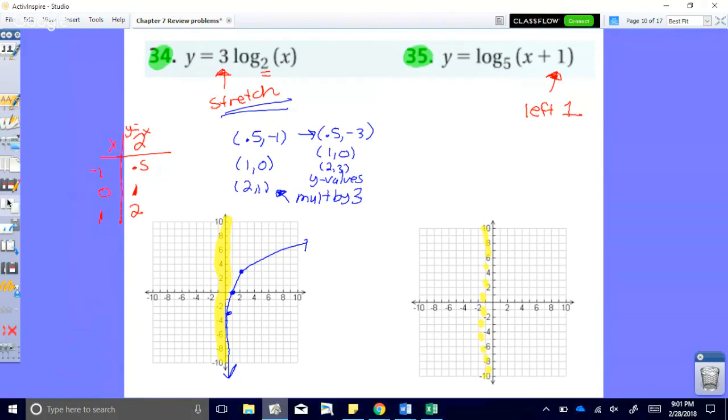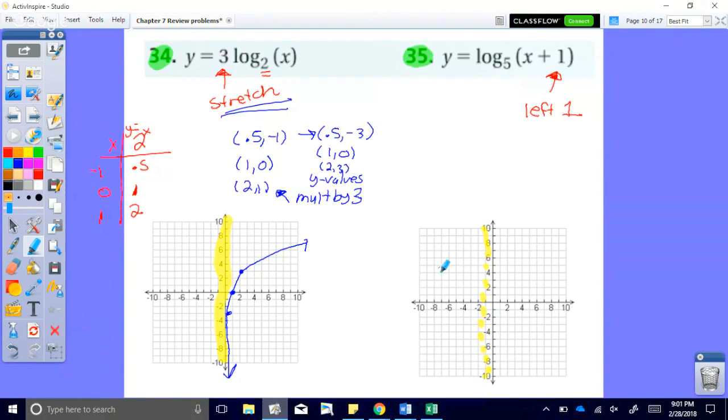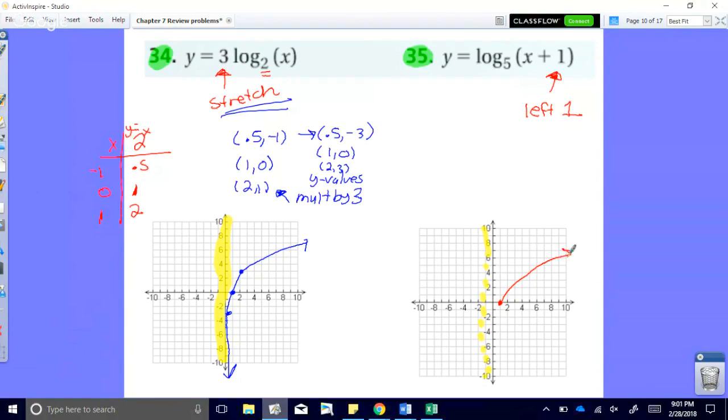It is base 5. However, if you can at least get that it's to the left, then you know that it's approaching the y-axis. You should have a decent sketch. Again, note that this is pushed to the left one, even though it's kind of hard to see because I can't draw a straight line.